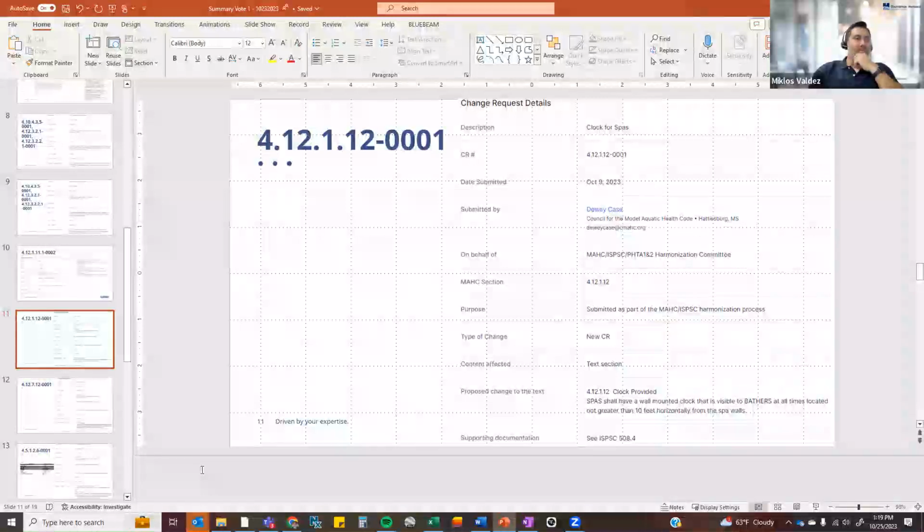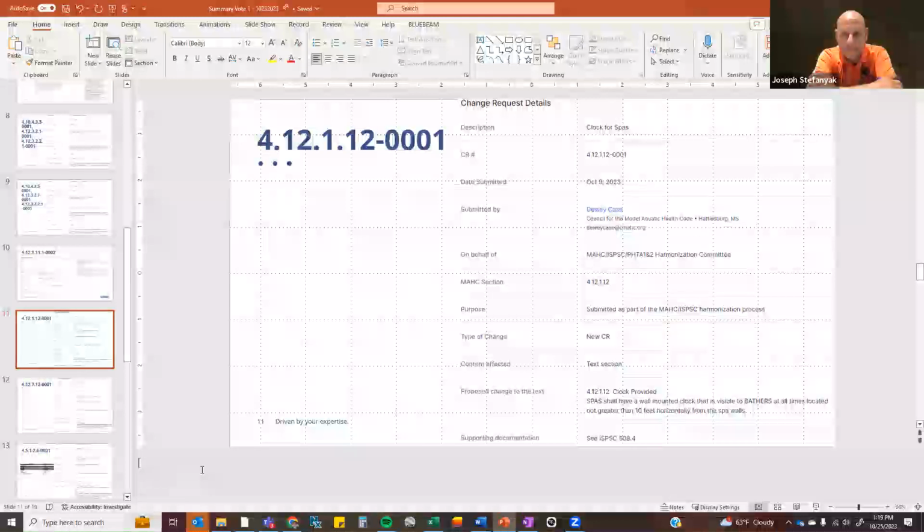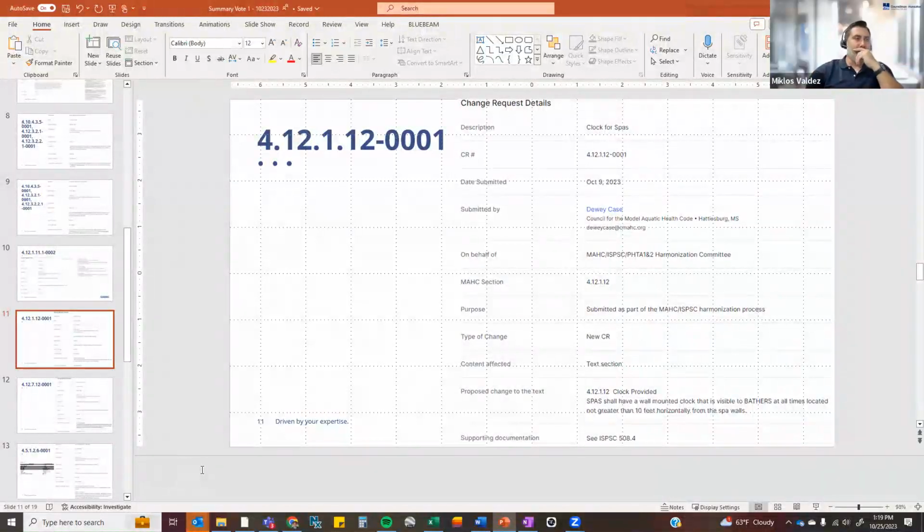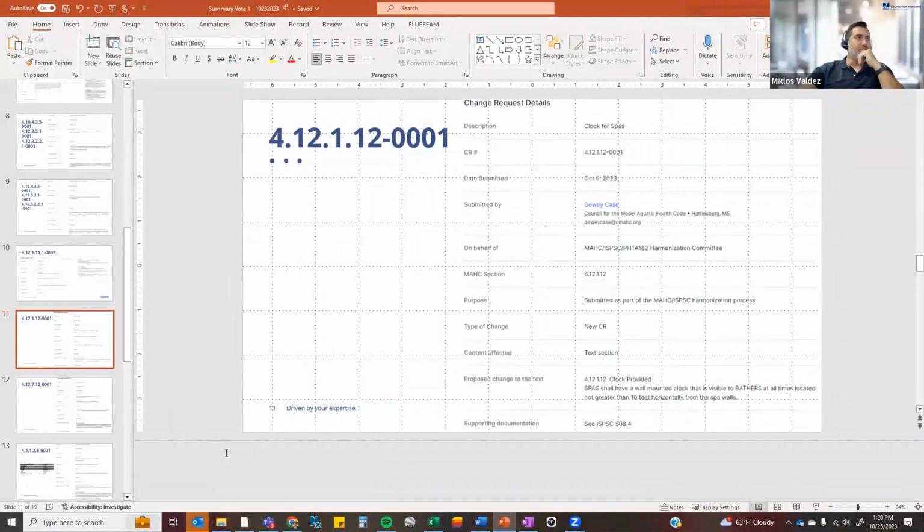I've been to some spas where the fencing isn't within 10 feet, so they have to have kind of a pole that sticks up with a poster, yeah, something. So I'm going to propose that we remove this one from vote and have some more conversation.